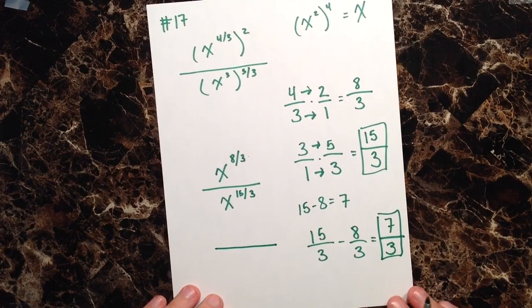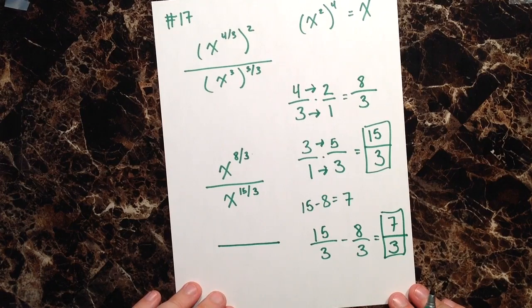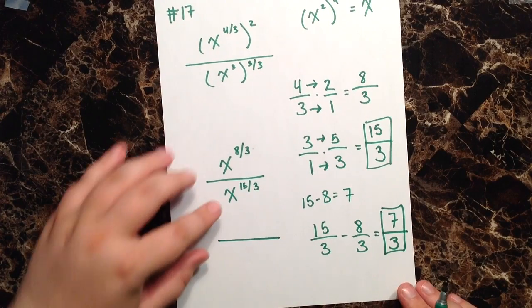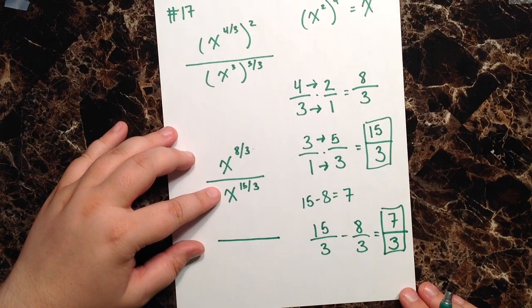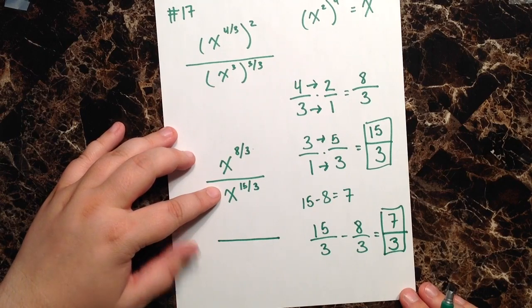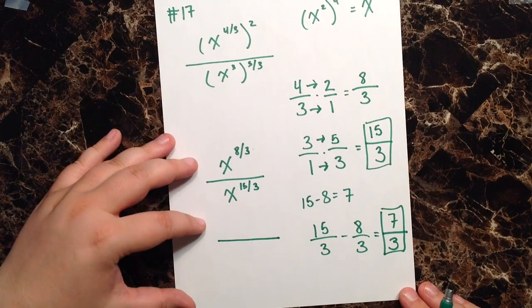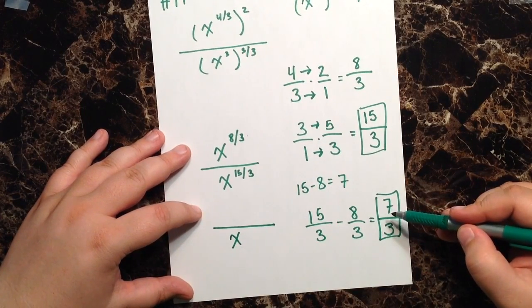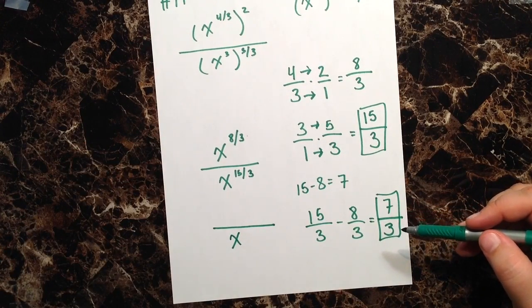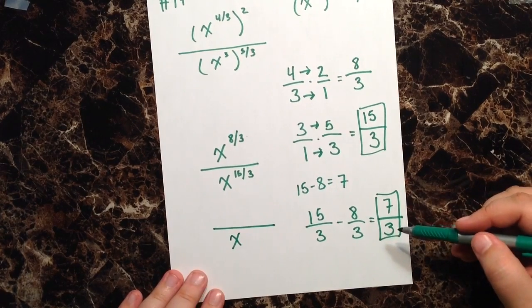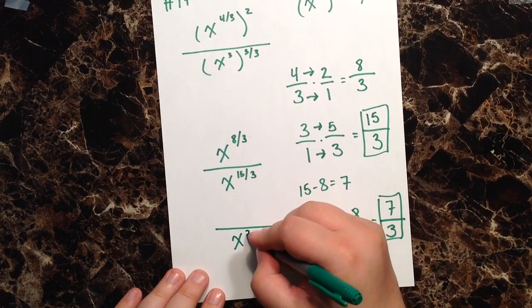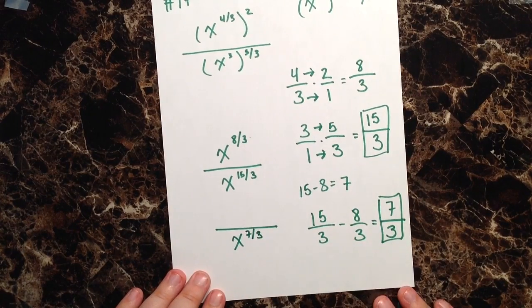But where do we write that 7/3? Wherever the exponent was originally heavy is where it's going to remain. In this case, we were originally heavy in our denominator, and so our exponent is going to remain in the denominator, but we're going to use our new exponent, which has been subtracted, so we're going to have x to the 7/3.